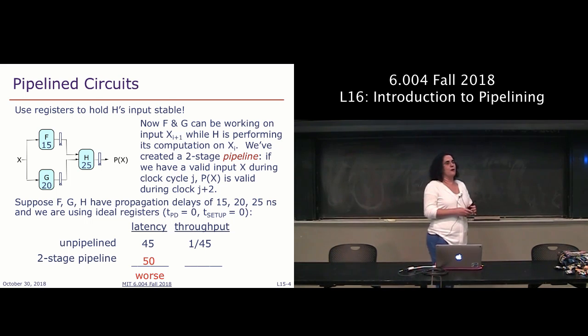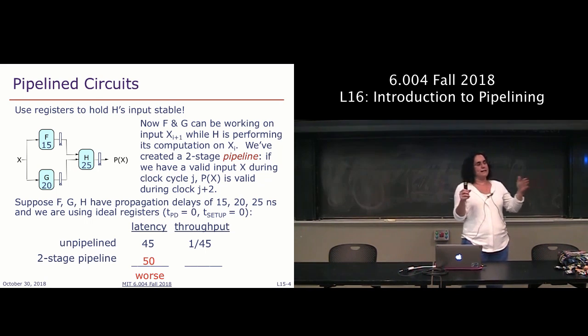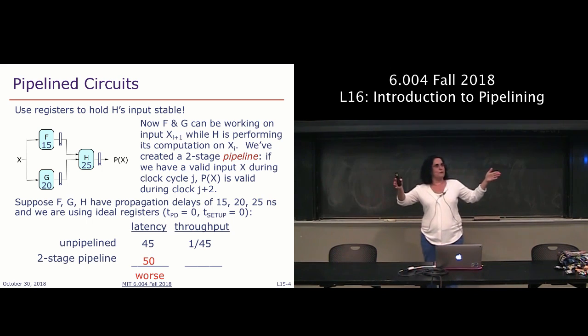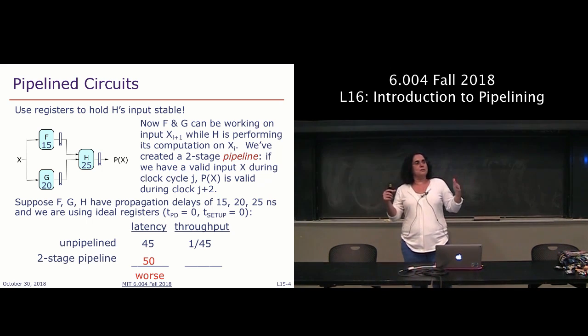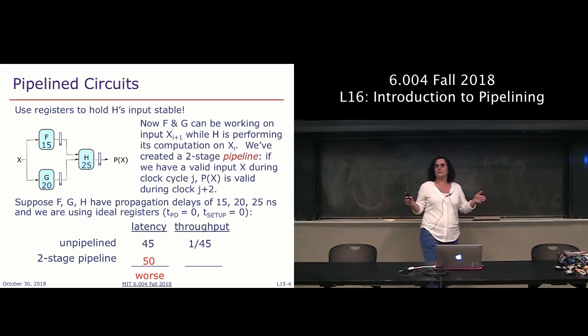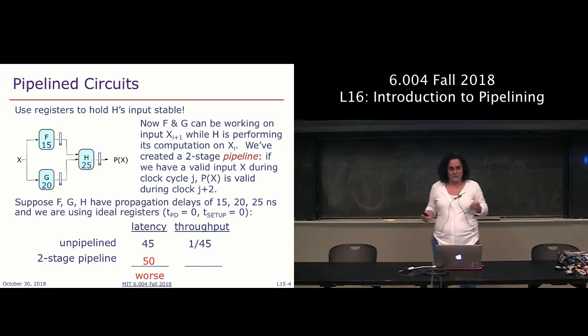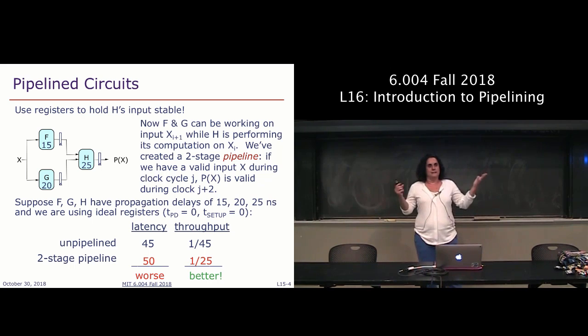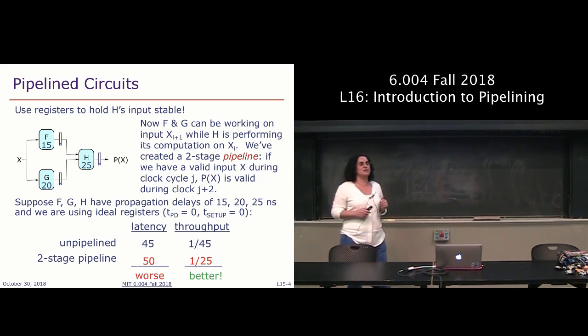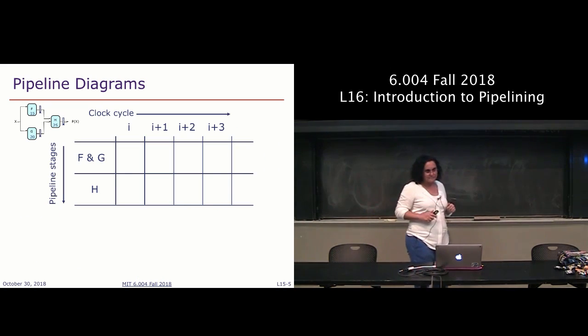Even though it takes us 50 nanoseconds from when an input enters the system until its corresponding output is ready, we're able to produce new outputs every 25 nanoseconds. Does everybody understand that? Terrific. So, of course, this is better, and this is what we're trying to achieve by pipelining our circuits.